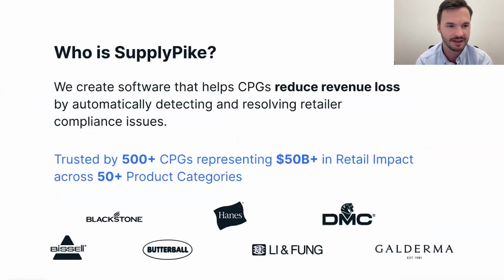And then Supply Pike. Who are we? What do we do? Our new language for summarizing our main goal: we are a SaaS company, software as a service company, but what we're really in the business of doing is helping people reduce revenue loss. We like to describe that in basically two ways, a long-term and a short-term vision. The short-term vision is just getting paid back on money that is owed to you from receiving errors or any other kind of error, accounts payable or accounts receivable.